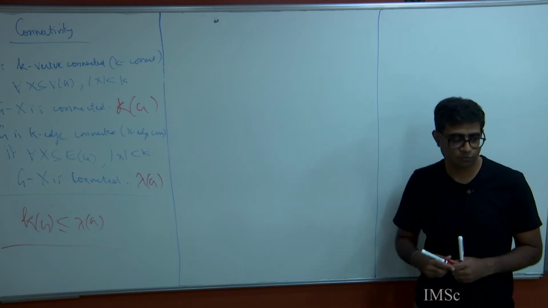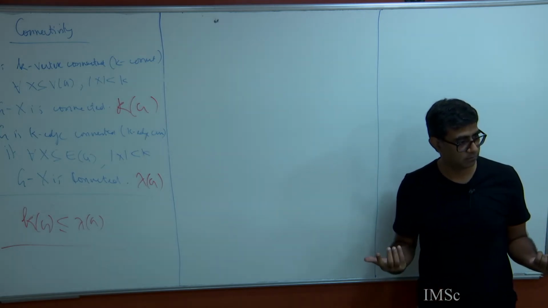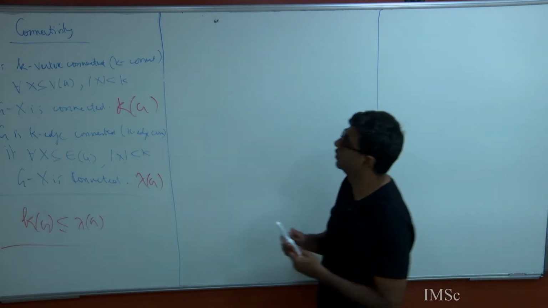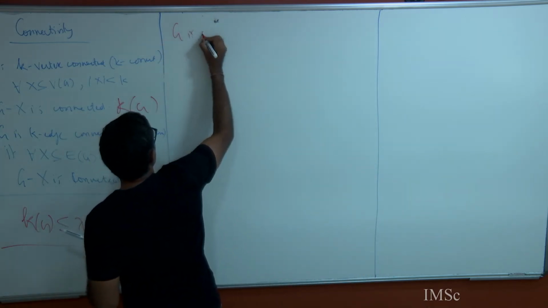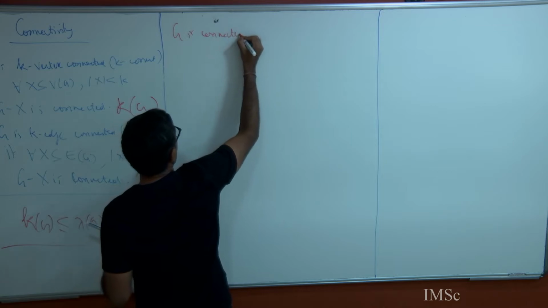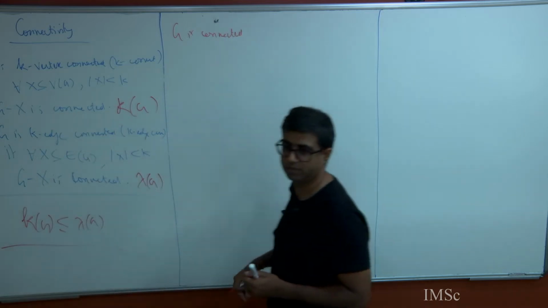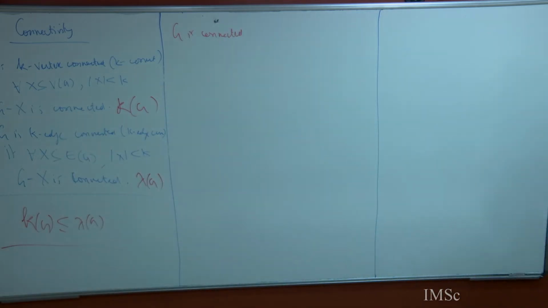What is the structure of one connected graph? G is connected, so we saw that for all X subset of V(G), G minus X is connected. One connected means you cannot delete zero vertices and make the graph disconnected.